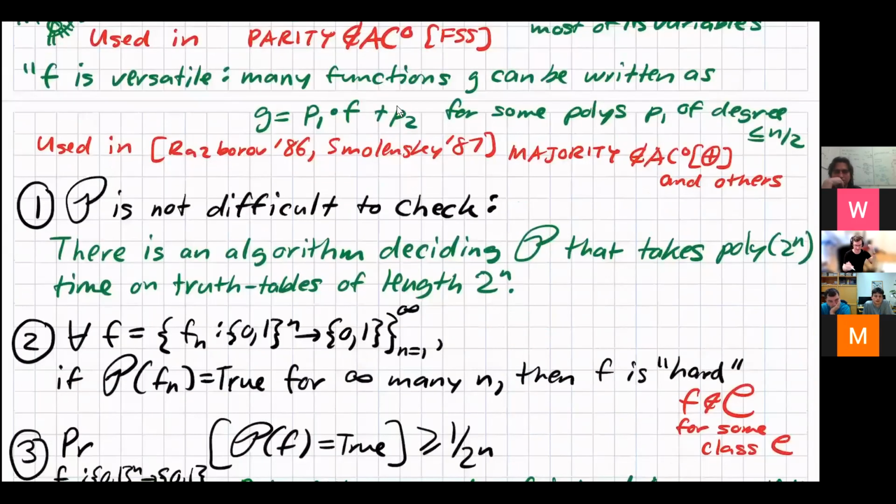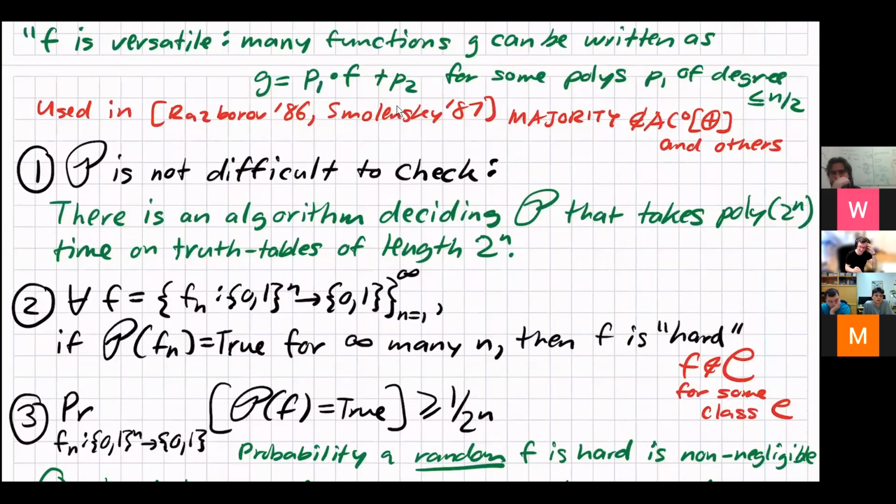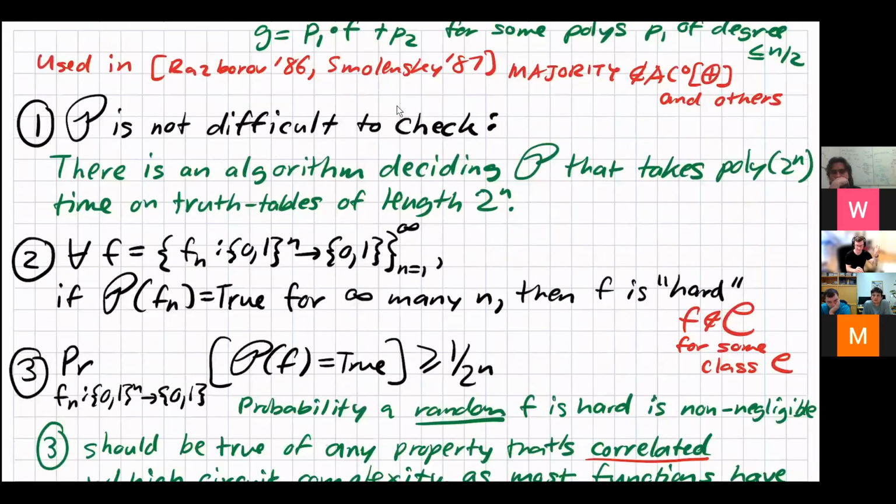Okay, and the next property is that if I give you a random function, this is true for all n, the probability the property outputs true is at least 1 over 2^n. You could imagine this being a larger thing, but let's just say it's non-negligible in the input length, because the input length is 2^n, right? So it's just like 1 over input length. So the probability a random function is hard is non-negligible.